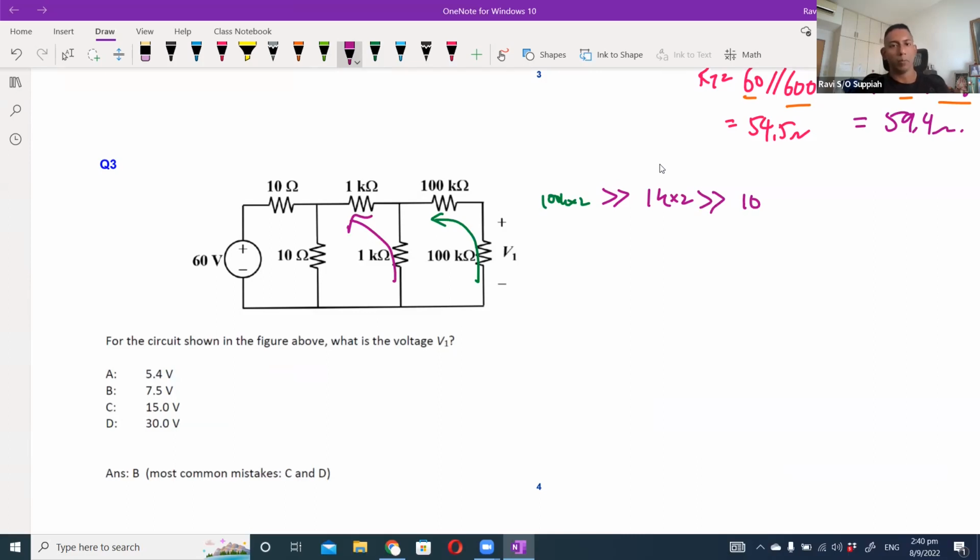With this understanding, we can say that the voltage across the 10 ohm is going to be approximately 30 volt, very, very close to 30 volt. Similarly, the voltage across the 1k ohm will be very, very close to 15 volt, and the voltage across the 100k will be very, very close to 7.5 volt.